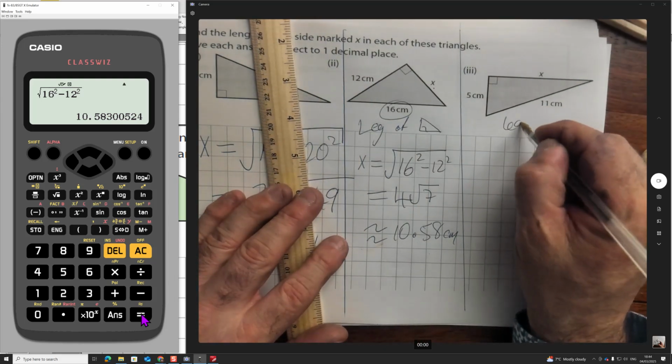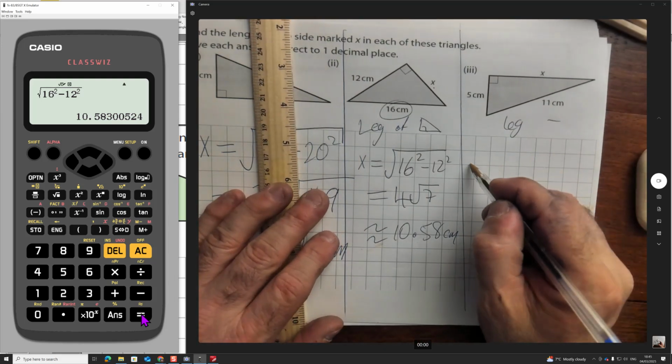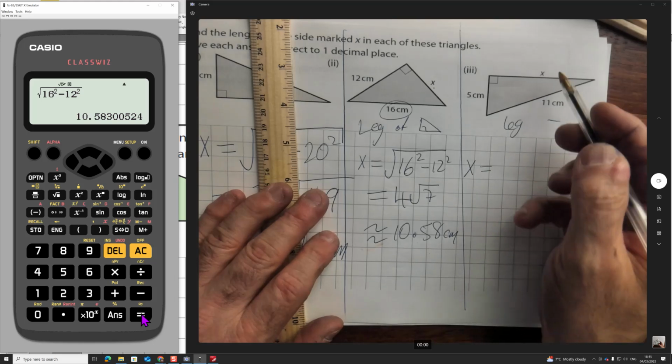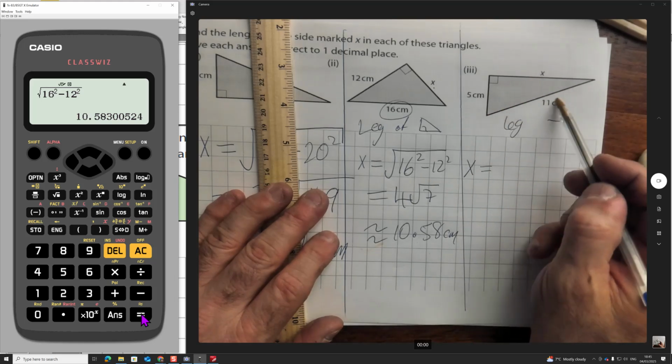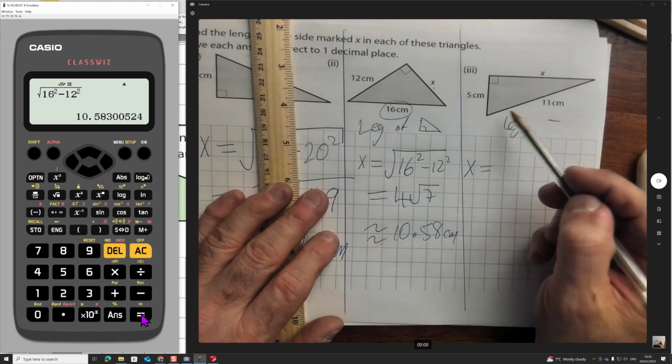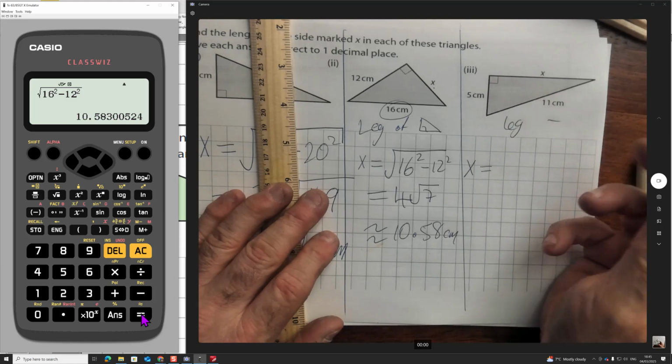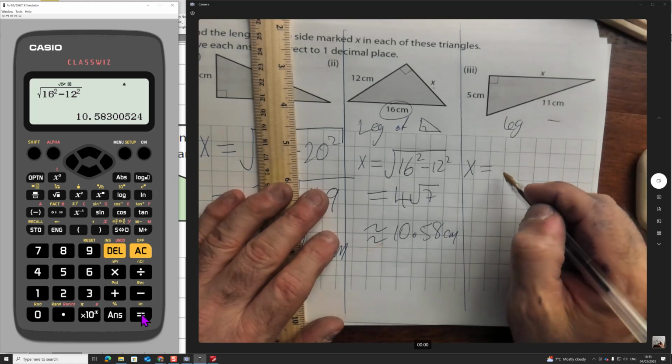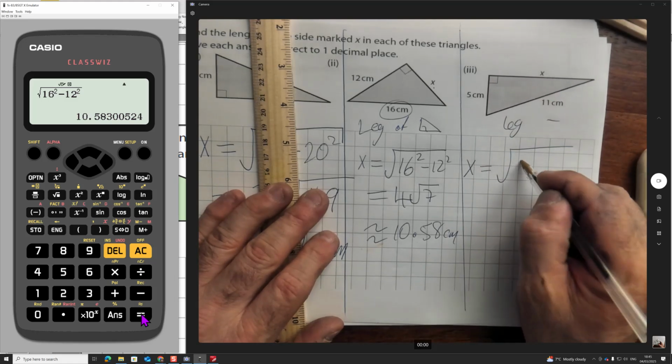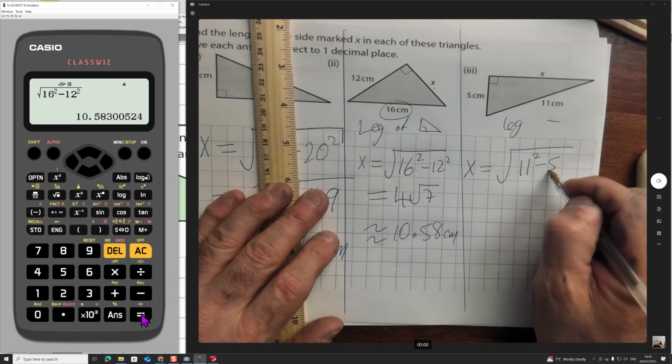Identify it as a leg. The leg has the minus. We will go X equals, another thing to look for is, do we know this? Is this a regular common Pythagorean triplet? And it isn't. So X equals the square root of 11 squared minus 5 squared.